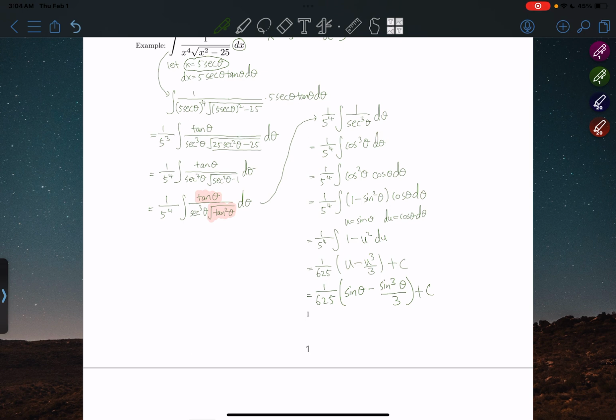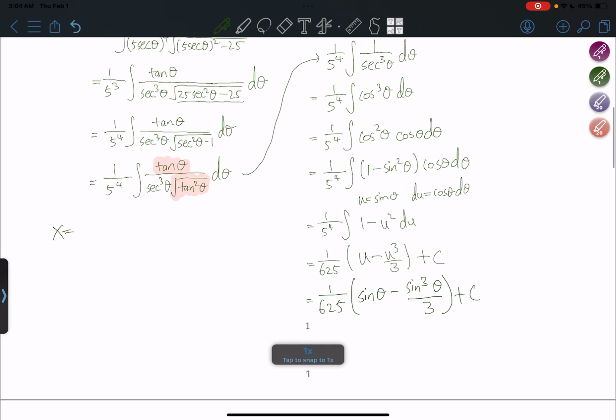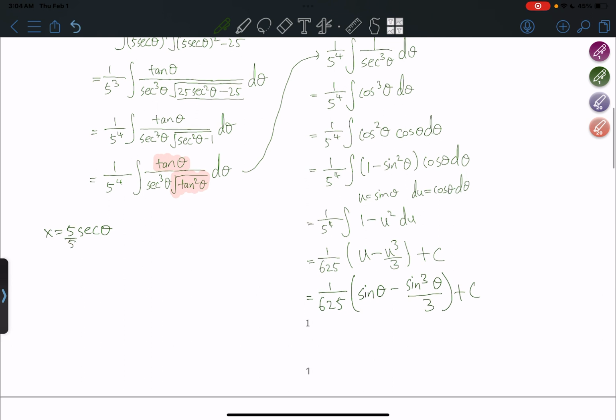So maybe I'll draw this on the side here. If x is equal to 5 secant theta, if I divide by 5 on both sides, then x over 5 is equal to secant theta.